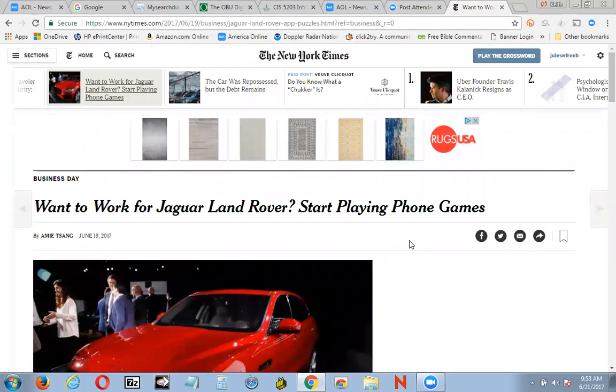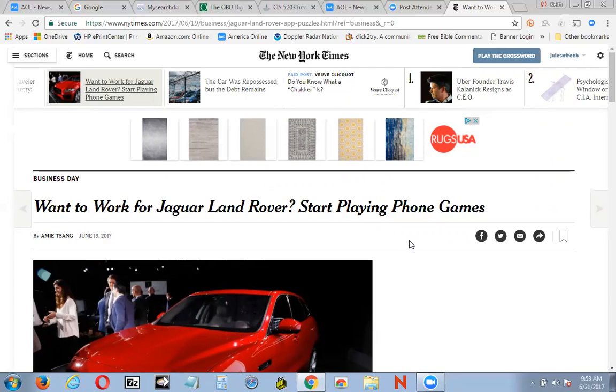It talks about how Jaguar Land Rover is using phone games to look for potential employees. And this is not too different from the kinds of things that people like Mark Zuckerberg did. If you've ever seen the movie about the start of Facebook, those people had coding parties, and you saw the craziness, where they would get loaded and then do the programming within 2 minutes if they wanted.